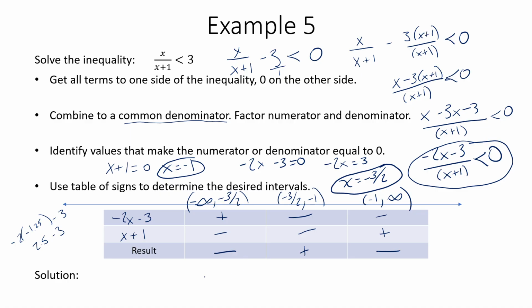So it looks like our interval results here are going to be negative infinity to negative 3/2, and then negative 1 to infinity, right? Because we want it less than 0, which means we want it negative. Those are our two negative results.